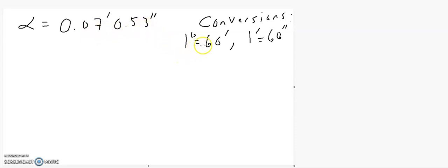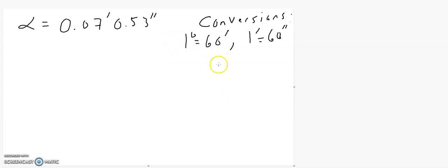Remember, 1 degree is 60 arc minutes. So 0.07 arc minutes in this particular situation, and 0.53 arc seconds. That's a really small angle in the sky.